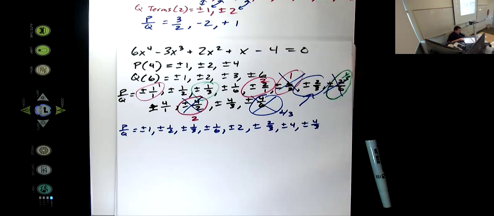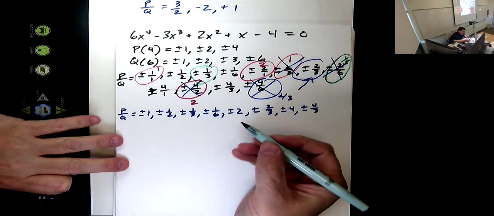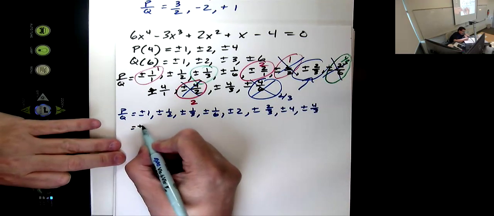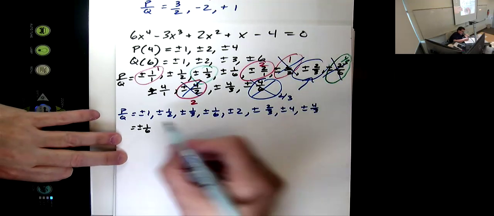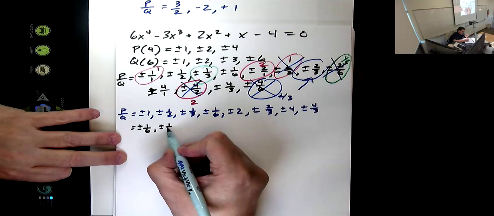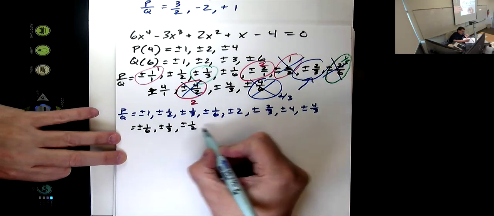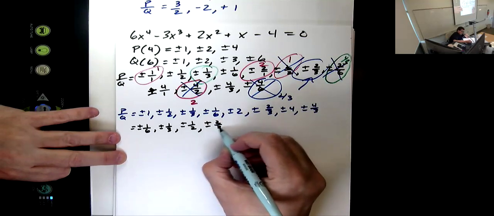And then I'm gonna sort these. I'm gonna put them in increasing order. So the smallest number I have here is 1/6. Then I have 1/3. Then I have 1/2. 2/3 is larger than 1/2.